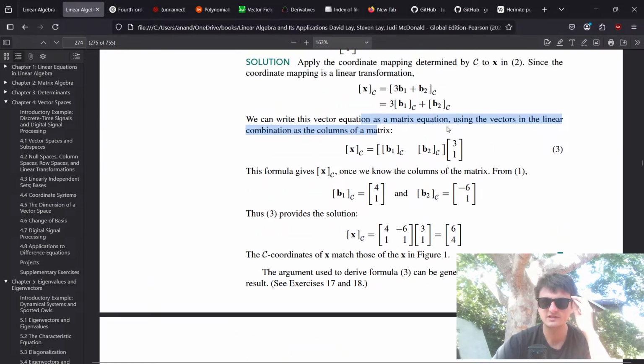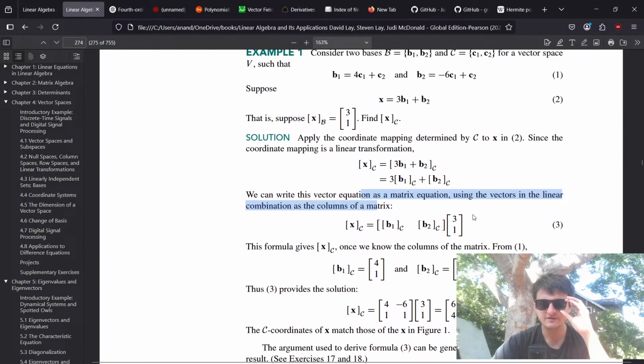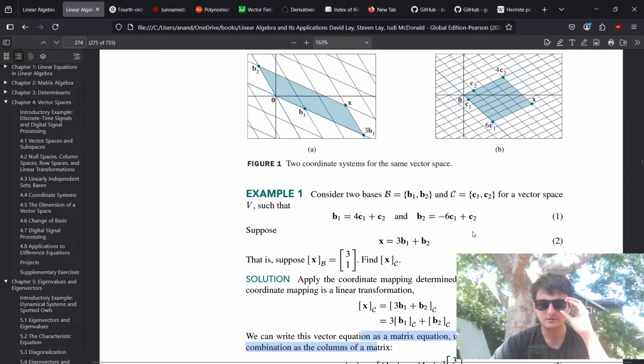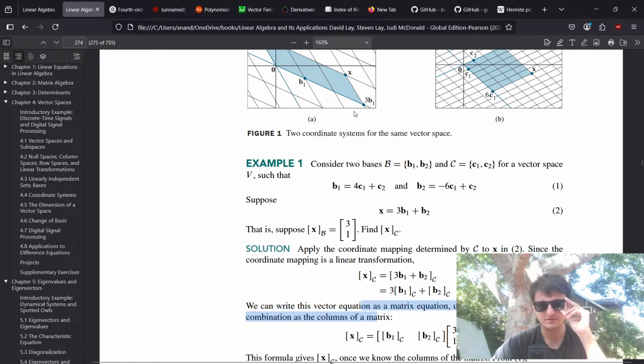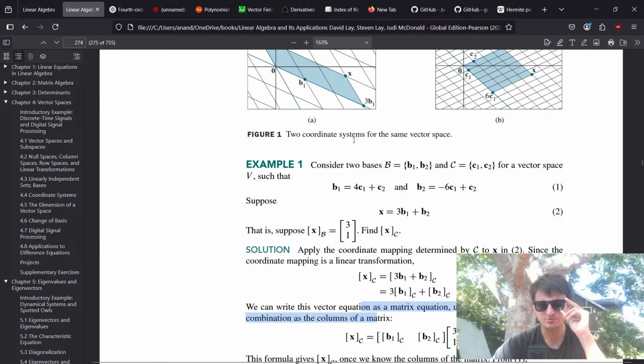This vector is how to construct x from the basis of B. That's why it's (3, 1).